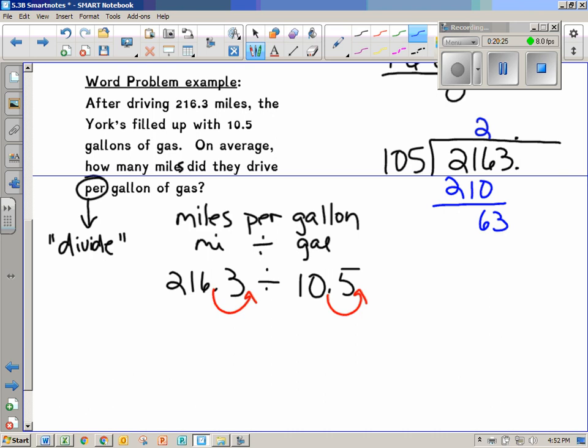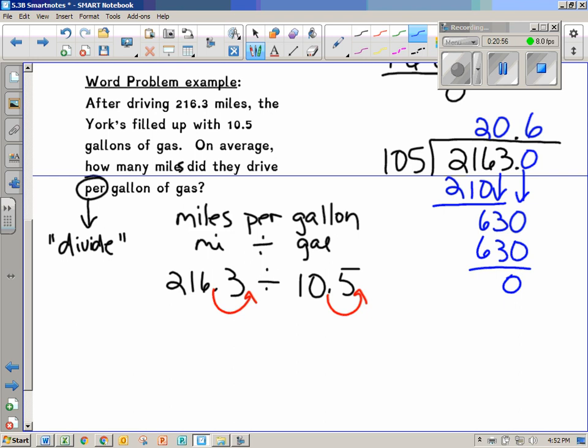I brought down, 105 doesn't go into 63, so that's a 0. So I add a 0, and I bring that down, and then I keep dividing. So just think 100 into 600 would go 6 times. So it looks like this one's going to go evenly, since 6 times 5 is 30. I get 630.